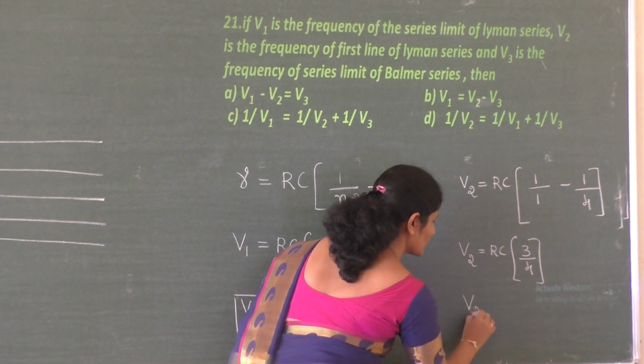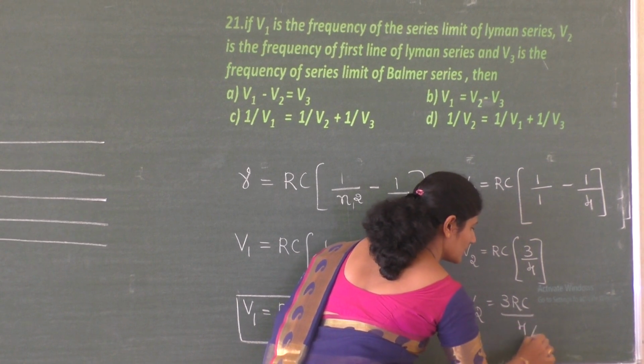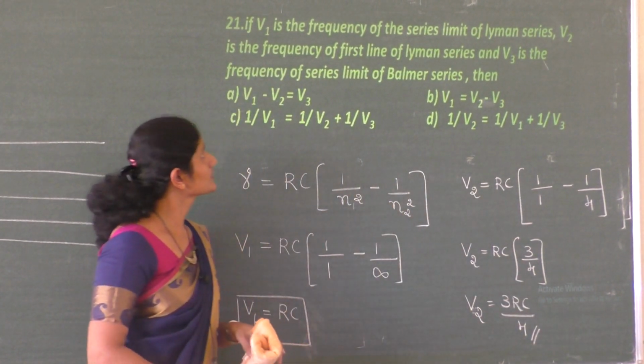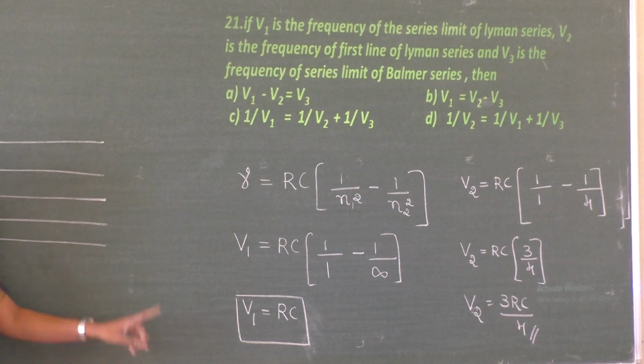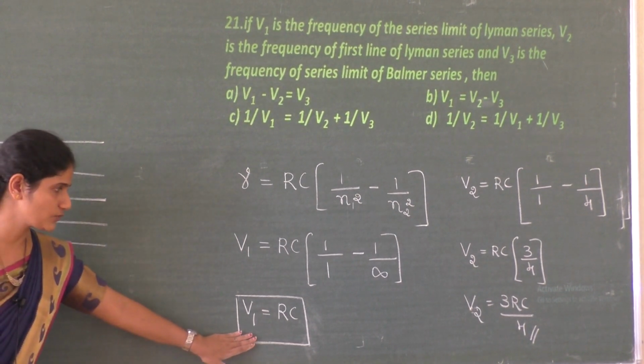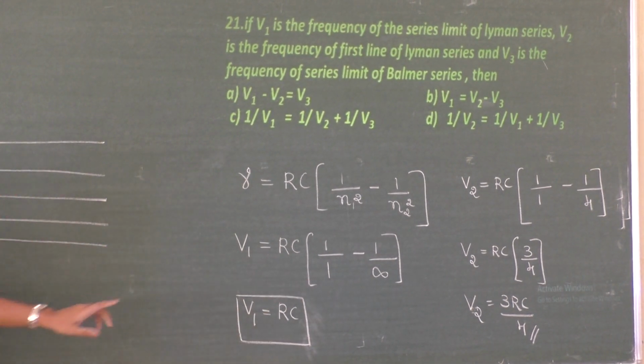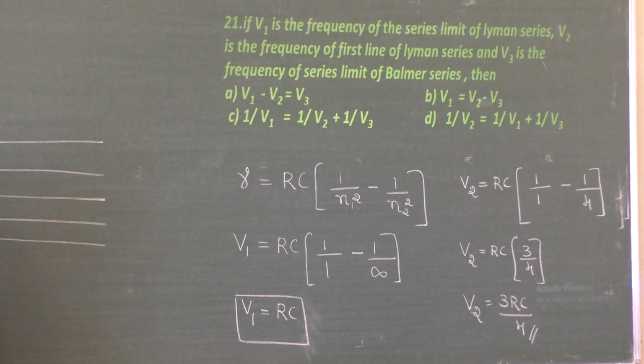So V2 is equal to 3RC divided by 4. This is the expression for the frequency of the first line of Lyman series. For the series limit, the frequency is RC. For the first line, V2 is 3RC divided by 4.